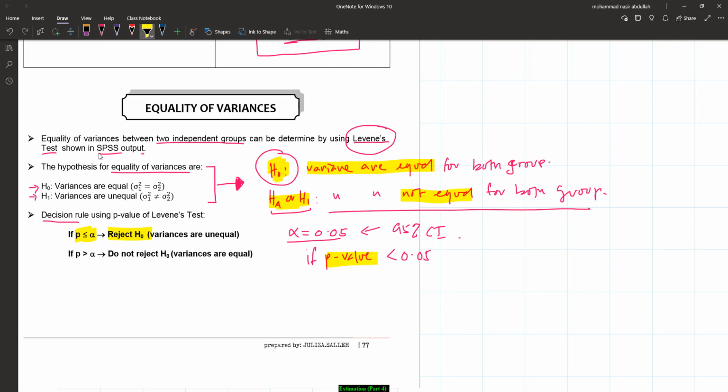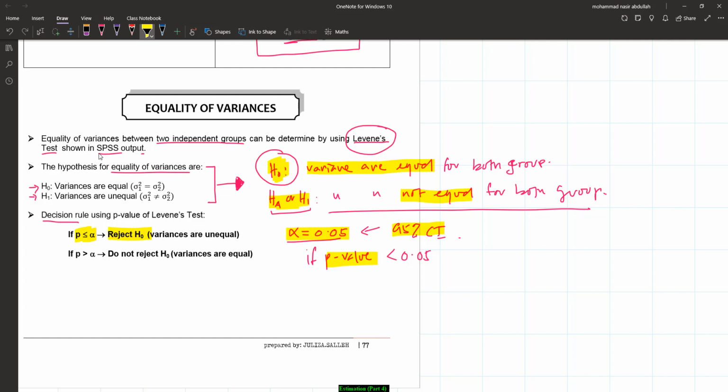To look into the p-value, we need to understand the alpha value. Alpha comes from the 95% confidence interval, or 99%, or 97% confidence interval. So 100 minus 95, you will get 5%.